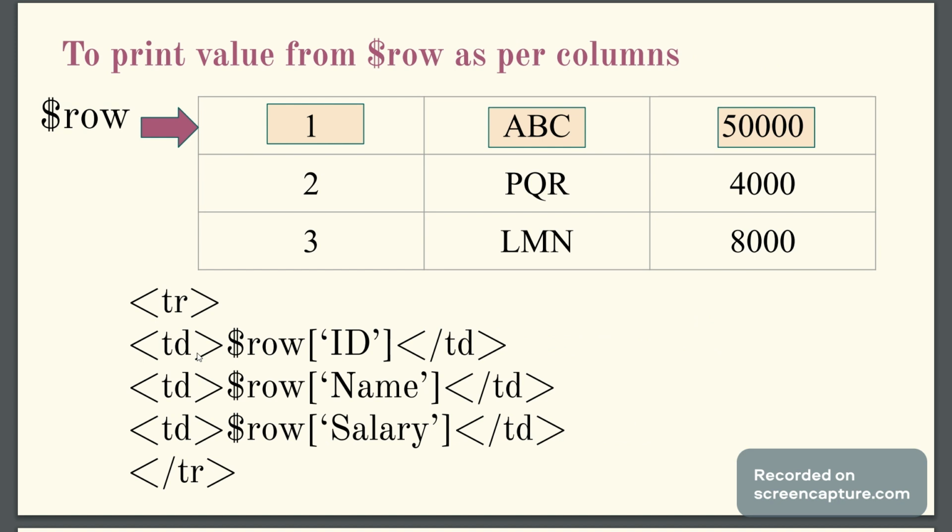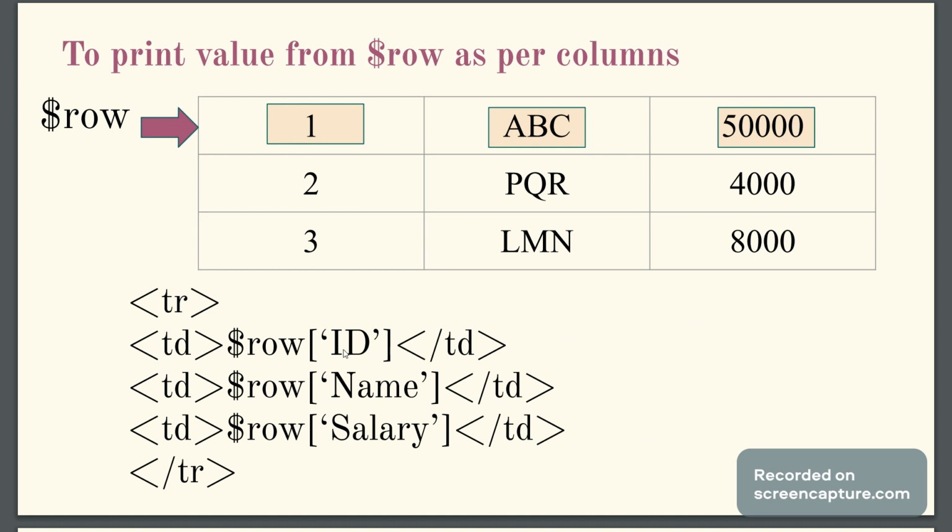The first data in the first cell we have to mention in the td, that is table data tag, and the value we are taking from the $row variable, and in the square bracket we have to give the column name in single quotes. So it will take the id value from this cell, and that will be printed over here.